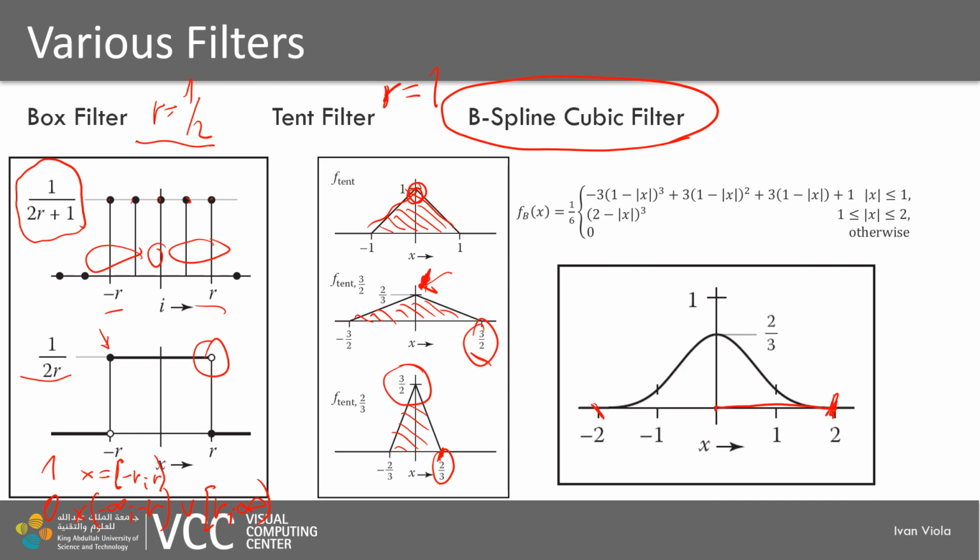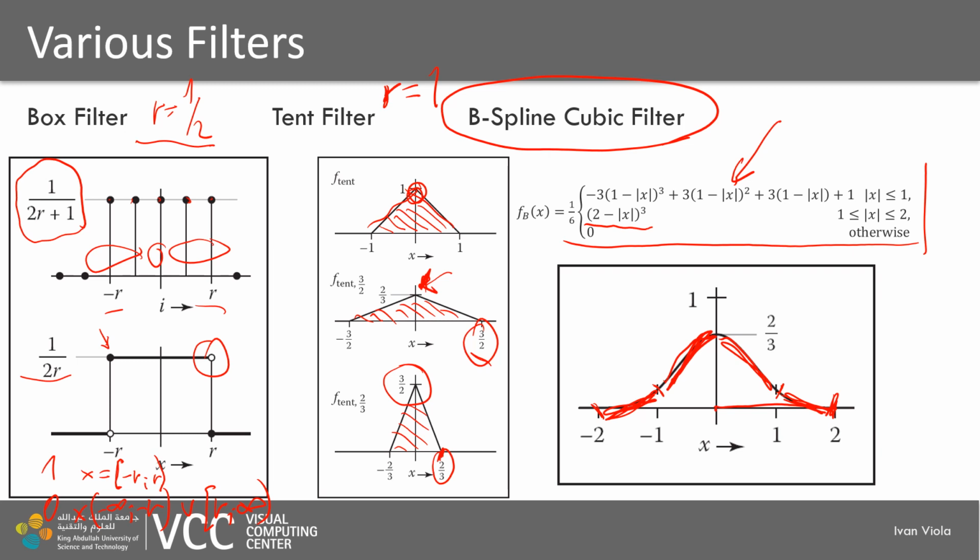This cubic B-spline filter is defined in a little more complex form, as we can see here. Outside minus 2 to 2, it is 0, that's easy. Then this part is defined by one cubic function, and this part here is defined by another cubic formula.